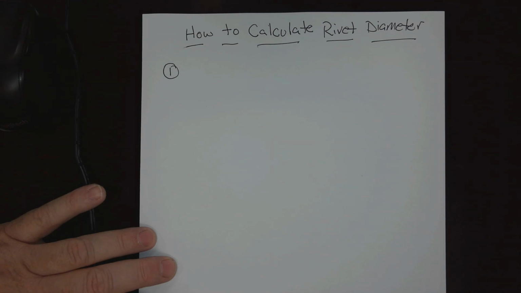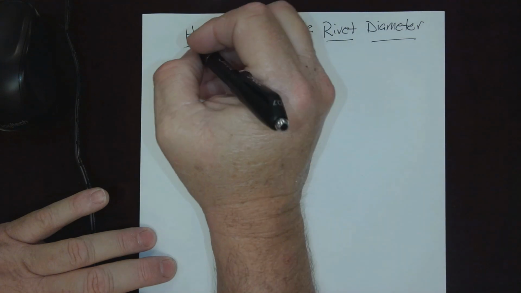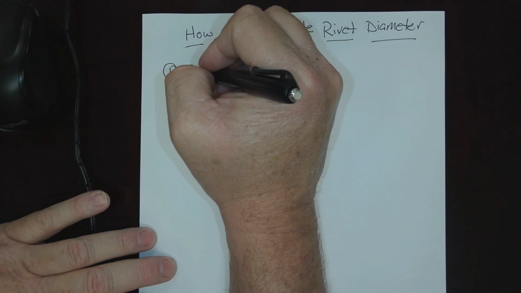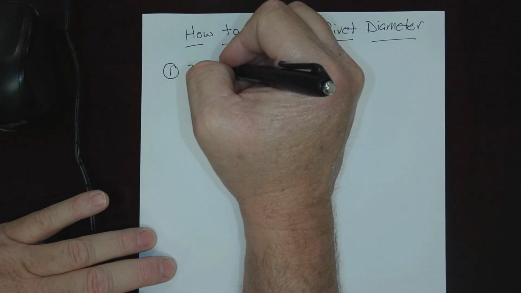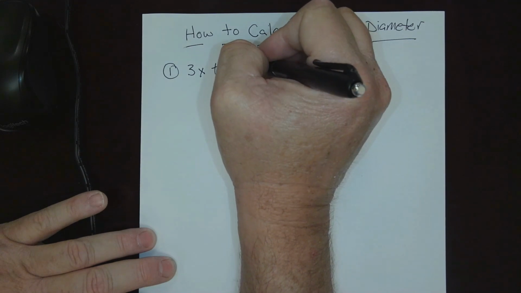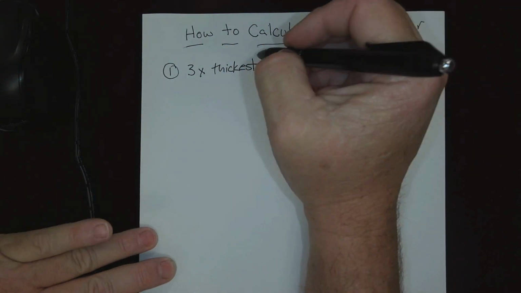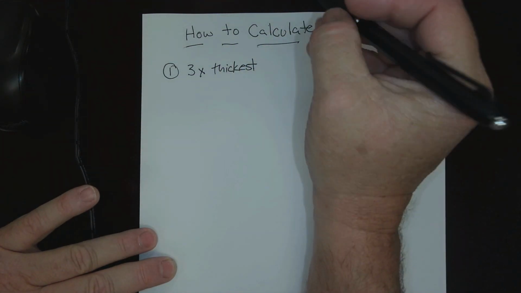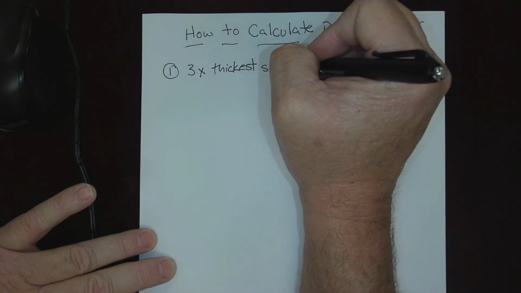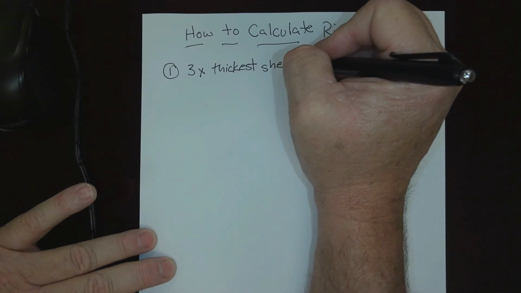Rule number one, we always look for the diameter first, and here's how you calculate the diameter. Here is your rule. We always say 3 times the thickest sheet in the stack up. So no matter how many sheets we might have that we're going to be combining together, 3 times the thickest sheet is the first part of the rule.